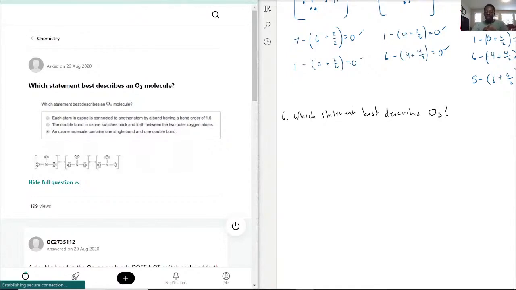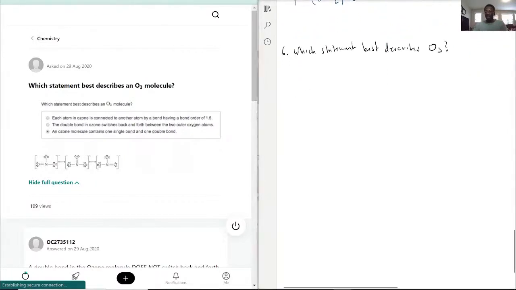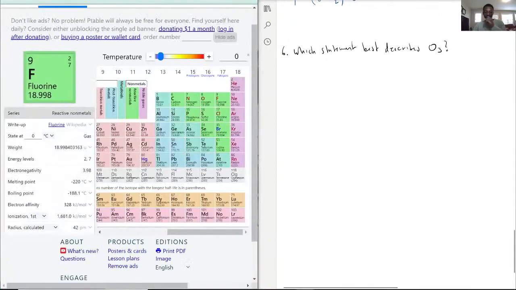Okay, so with this being said, the way to tackle this question is to first understand what ozone is by drawing this Lewis dot diagram. Okay, so oxygen is the eighth element.